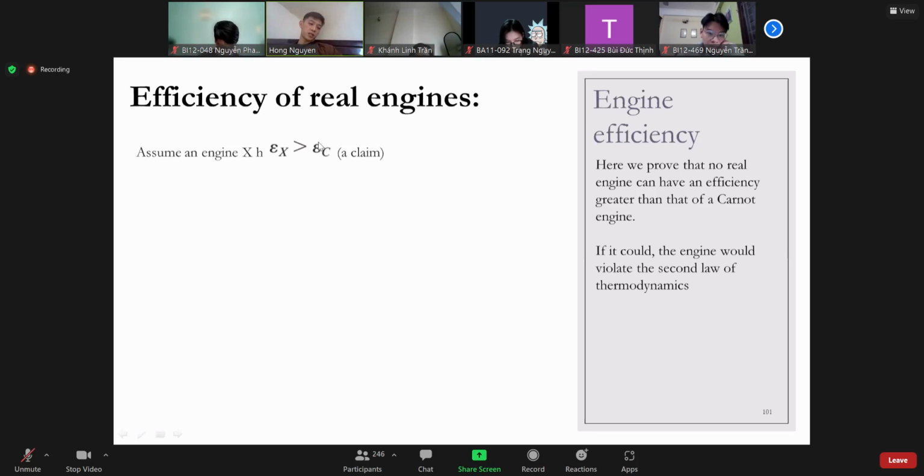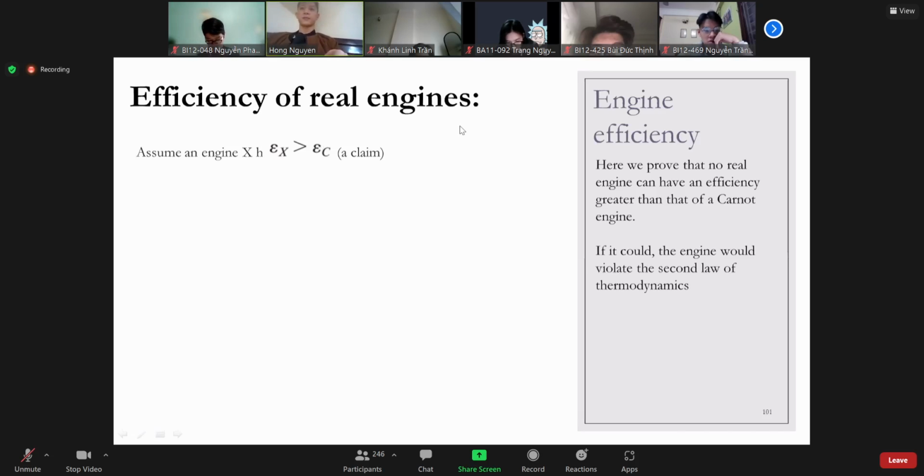So the Carnot engine will set the limits for any type of engine. We know that every type of engine cannot go beyond the efficiency of a Carnot engine. So if it could, the engine would violate the second law of thermodynamics.